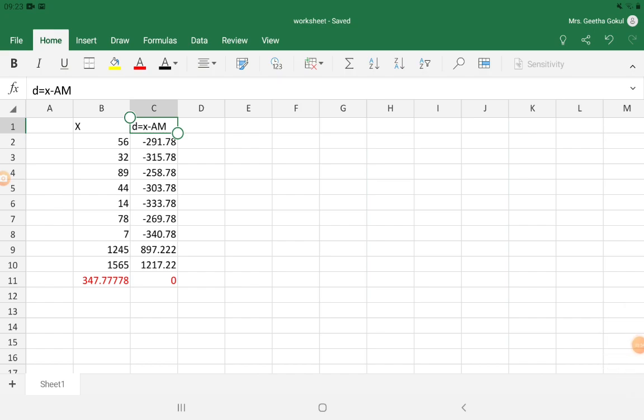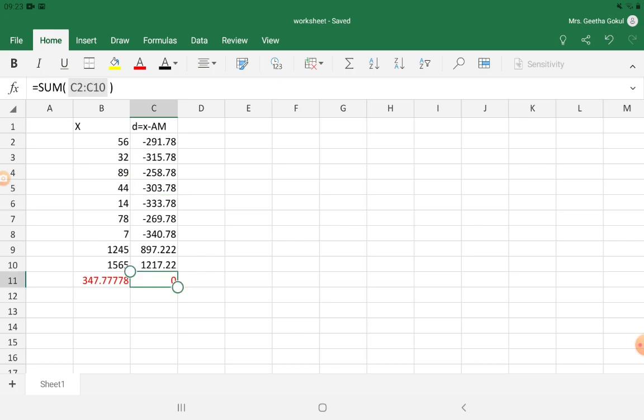That is x, or the observation, minus its arithmetic mean. So for each cell over here, I have subtracted the arithmetic mean, 347.778, from the corresponding observation. As you can see, in each of these cells, the formula gives the observation minus the arithmetic mean.